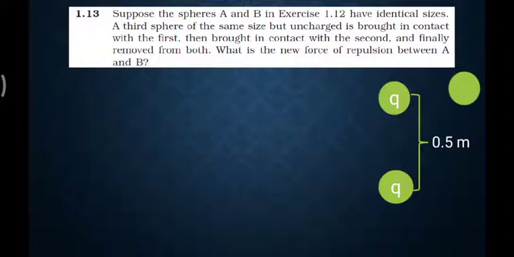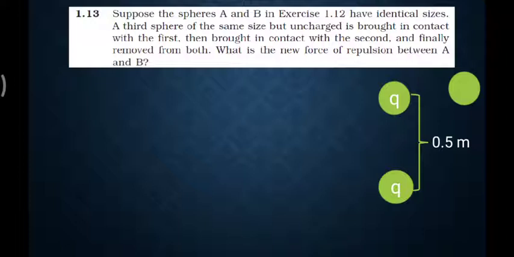This is the first particle, this is the second particle, and this is the third particle for you. What is happening and what do you have to do? First you have to bring the third one into contact with it. The total charge on the first one is Q. If it is brought into contact with the uncharged sphere, then obviously the charge will transfer to the uncharged sphere and they equalize the charge.